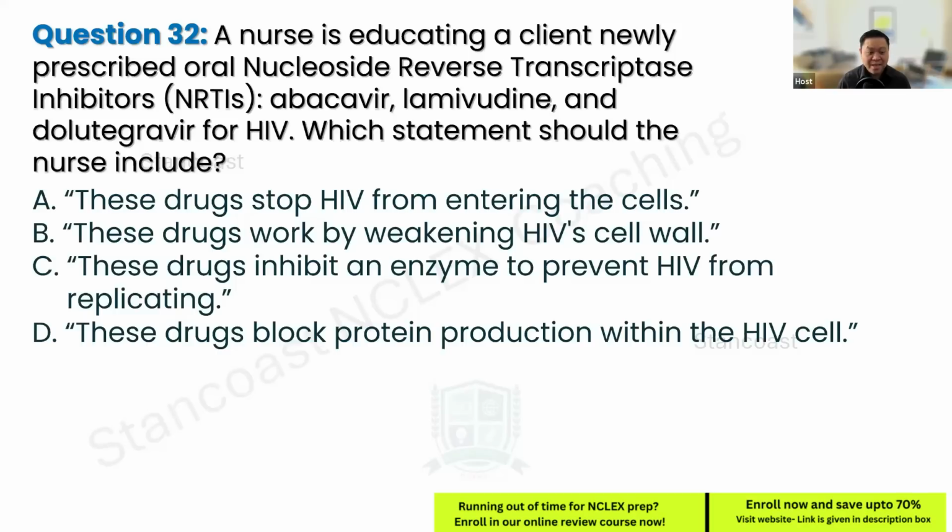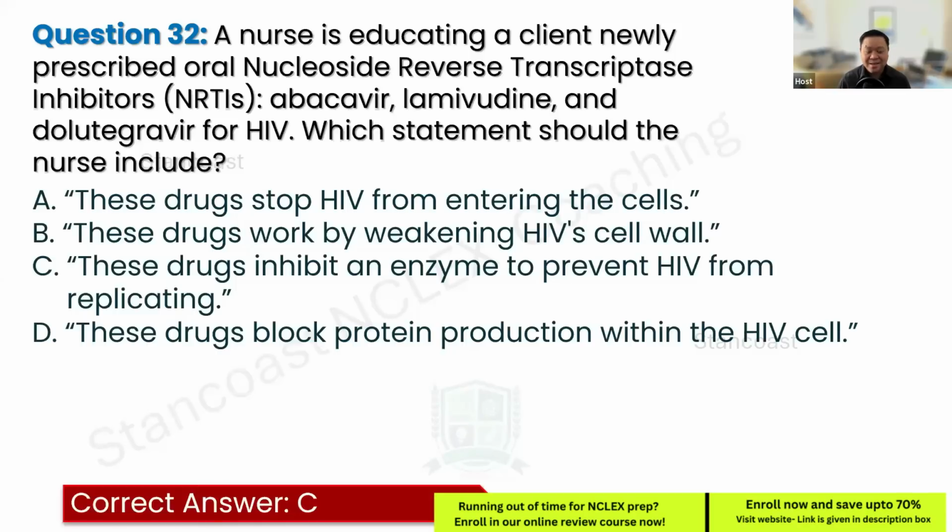The answer here is letter C. These drugs inhibit an enzyme to prevent HIV from replicating. Actually, these medications can stop DNA synthesis, which will halt viral replication.